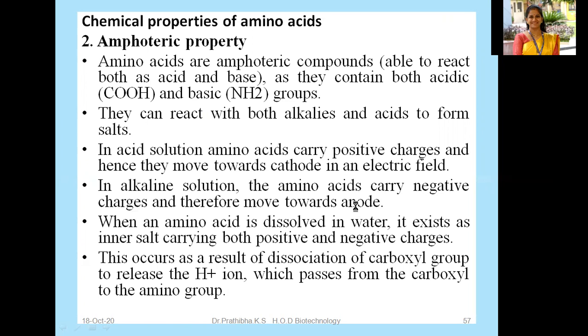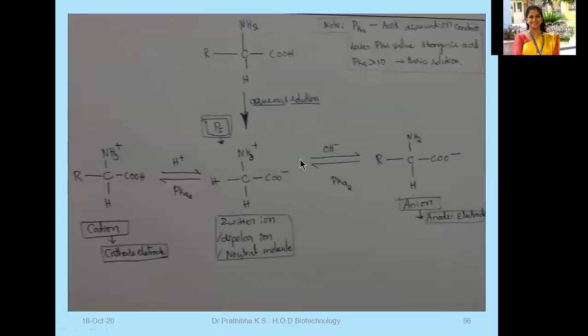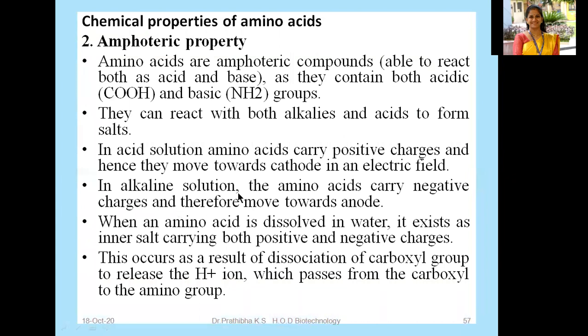In the previous slide we went through this, right? In the acid condition it attains a positive charge, and in the basic condition you can see they are negatively charged. When an amino acid is dissolved in water, it exists as an inner salt carrying both positive and negative charges as a Zwitter ion.